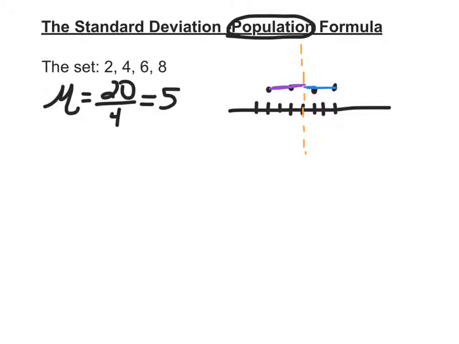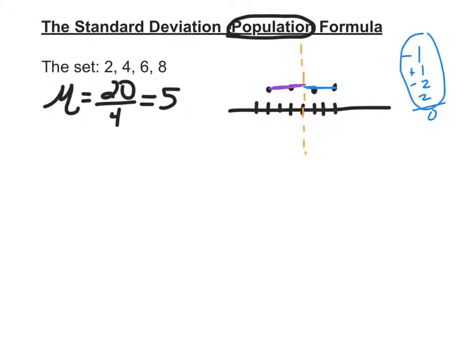So one way I could think of this is, I'm just going to take negative 1 plus 1, negative 2 plus 2, add them together and then divide by 4. The problem with that is that you end up getting 0 every time. No matter what 4 numbers you start with, the distance would always average out to 0. And that's basically because of the way the averages work. So you have to find a way of making these numbers all positive.